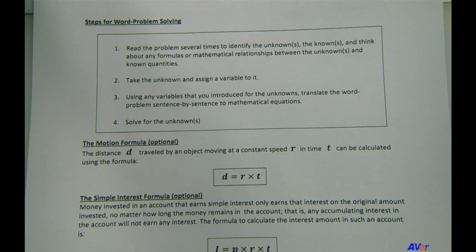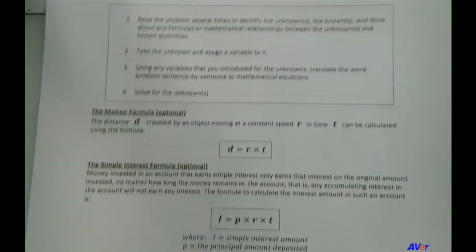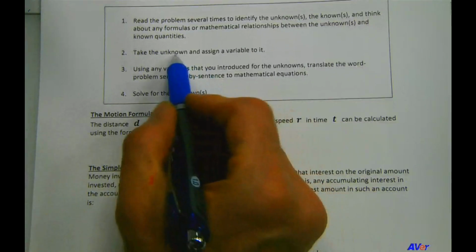Or some physical context. If things are in motion, then you do want to have access to what those formulas are. Even if you don't have it, you can certainly search for it on a computer. So then take the unknown.